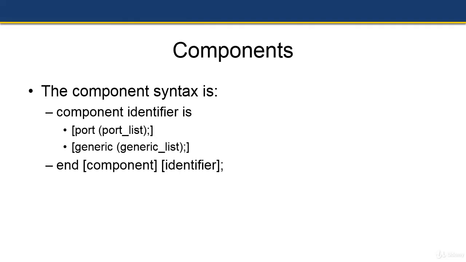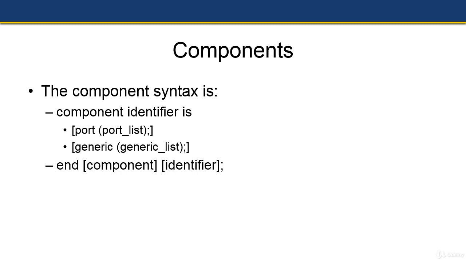Very often we will want to instantiate other components within a specific architecture. Before we can instantiate one, we need to define what it looks like, and that's where component declaration comes in.